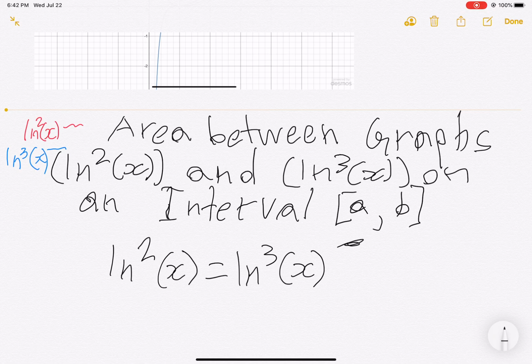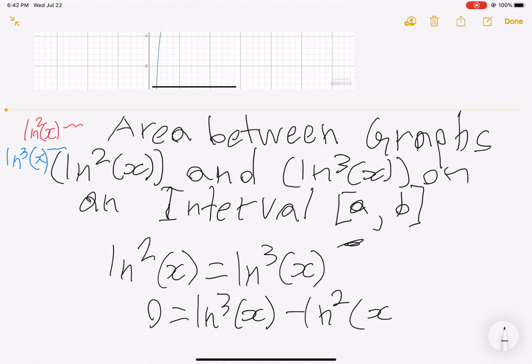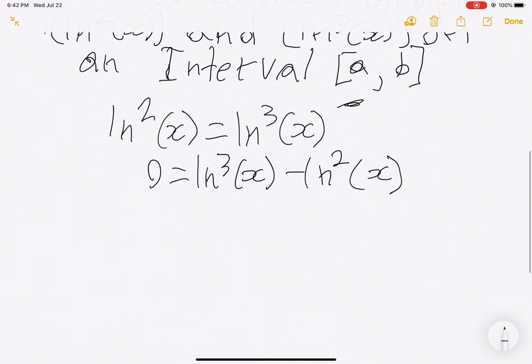So we have 0 equals ln cubed of x minus natural log squared of x, just like so. So now we can actually factor out a natural log squared of x out of this function here.